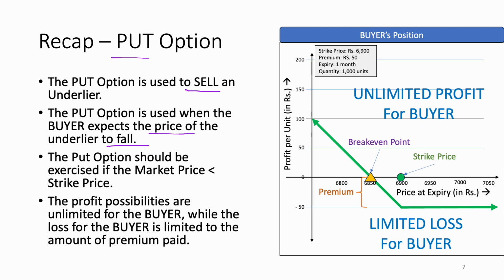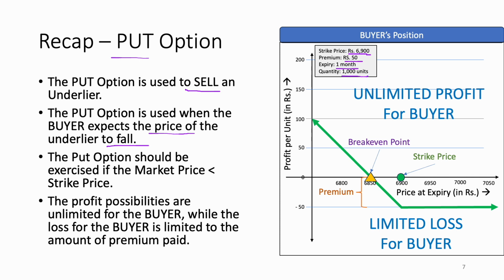In this put option also, we will buy at a strike price and we will pay a premium, and we will have an expiry for a particular period, and we will buy certain lots of the underlier.